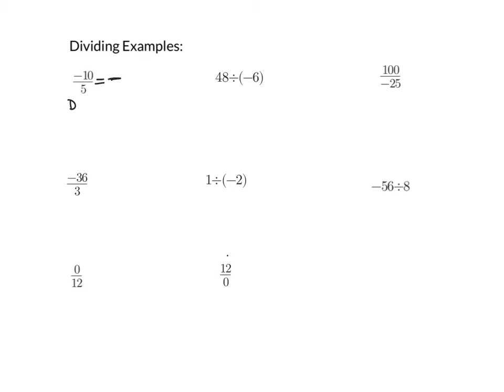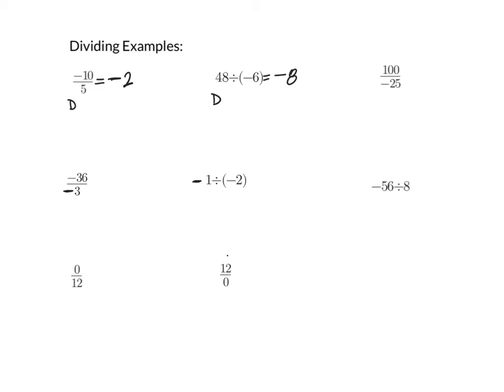That means the answer is negative, and 10 divided by 5 is 2. And we're going to change this problem because I didn't put any with double negatives in there. 48 divided by negative 6. Again, different signs. So my answer is negative, and 48 divided by 6 is 8.